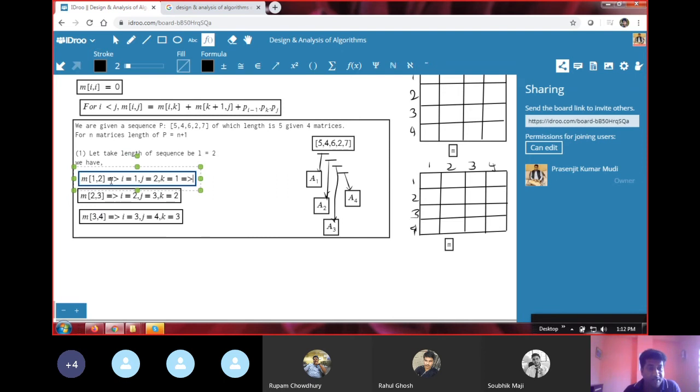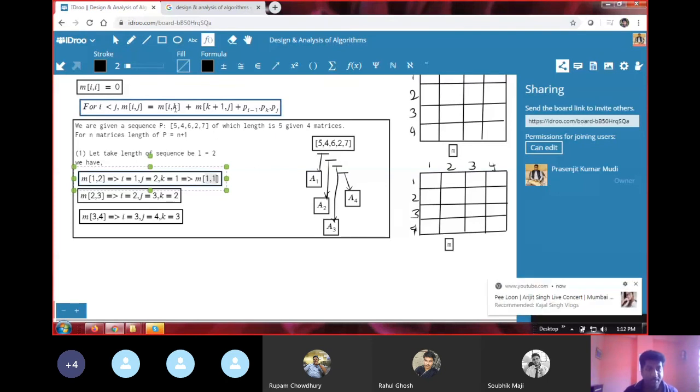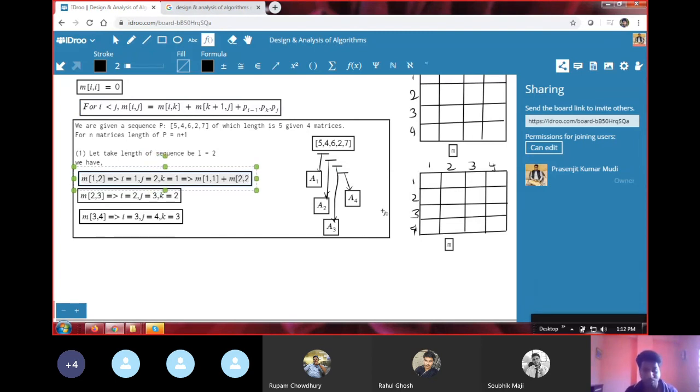What is m12? As per the formula, just put it over here: m ik means m 1 comma 1, k is equal to 1. Then plus m 2 comma 2, k plus 1 equal to 2, j is equal to 2.